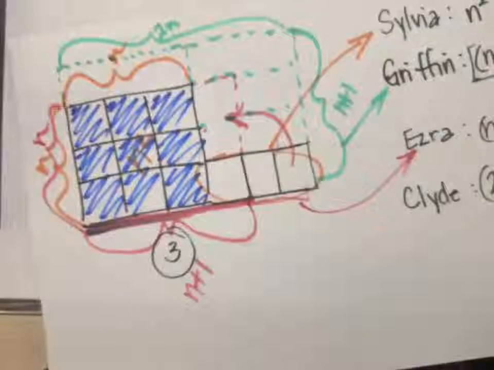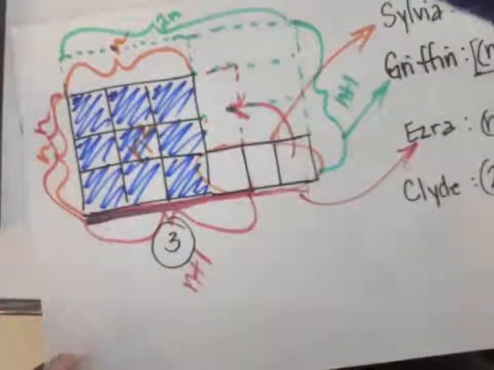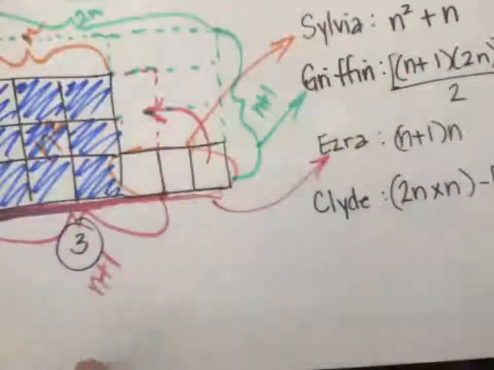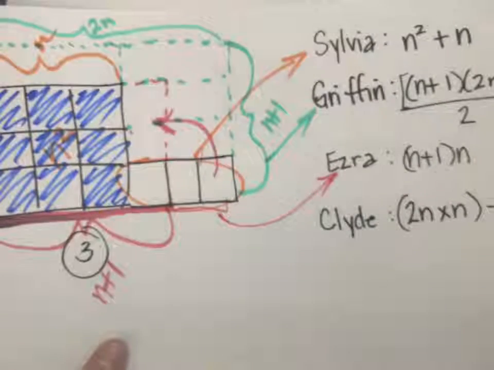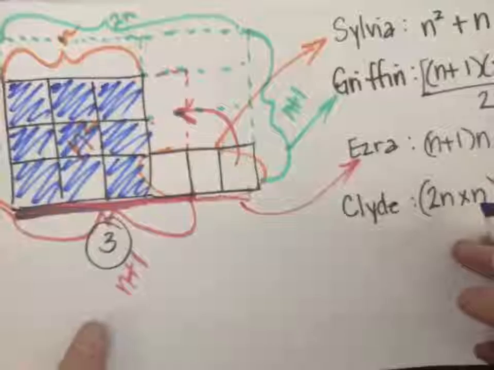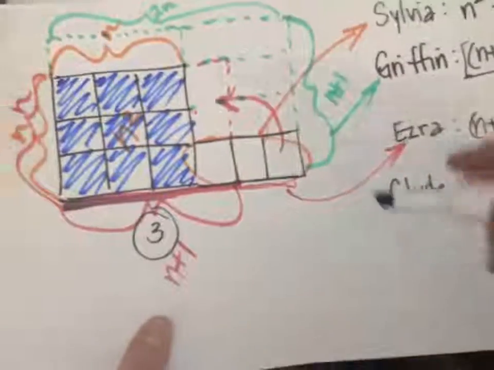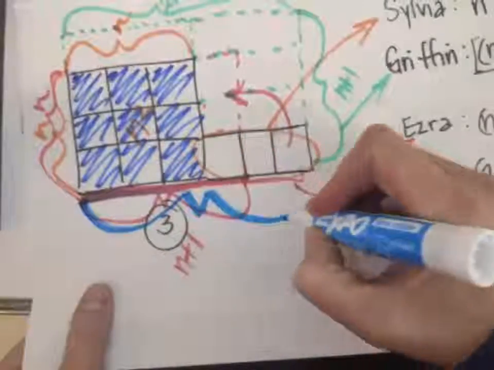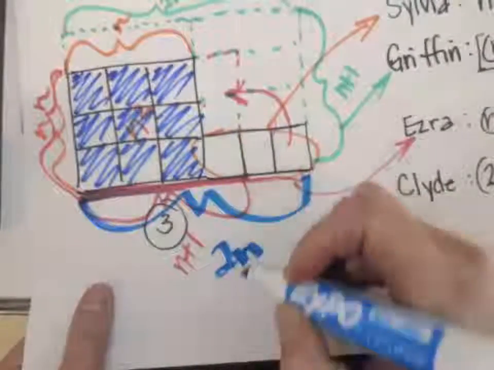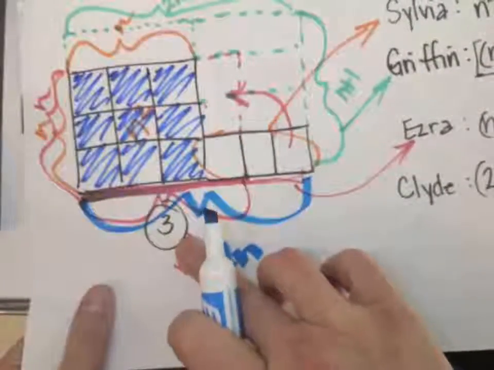And then Clyde, and by the way, they're all correct. You're going to see that in a second. Clyde did 2n times n. He said this whole dimension right here is 2n, so it's 2 times, in this case, 3, the stage number.